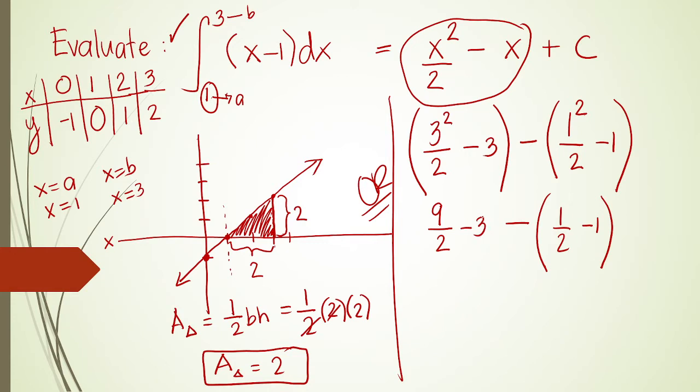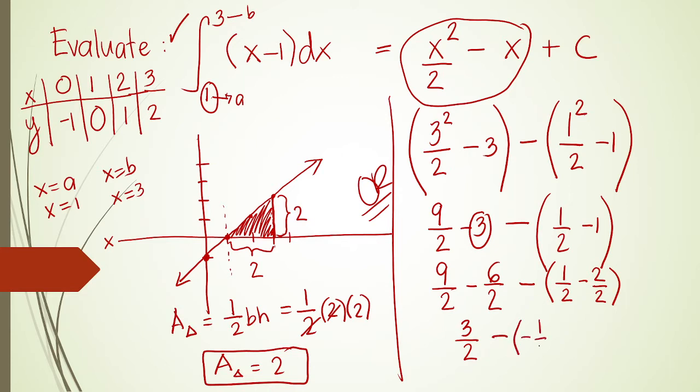So, this is 9 over 2 minus 6 over 2, and I'll be getting 3 over 2 for that. Minus, I can write negative 1 as 1 half minus 2 over 2, which will give us negative 1 half. So, minus negative 1 half.